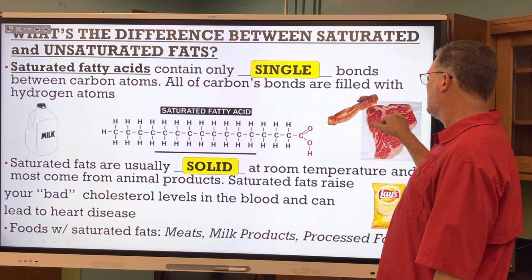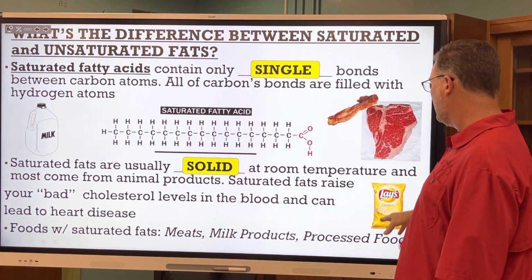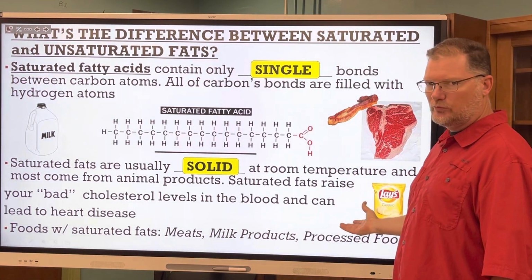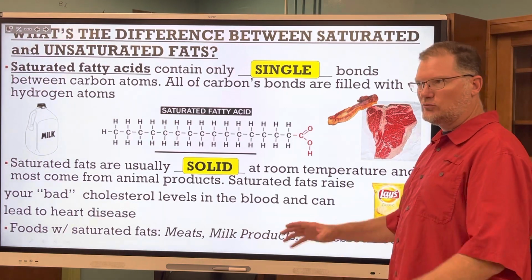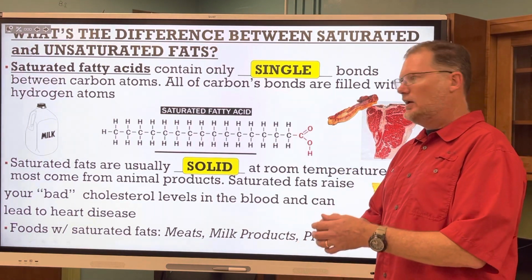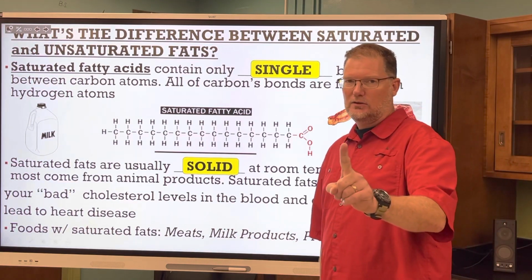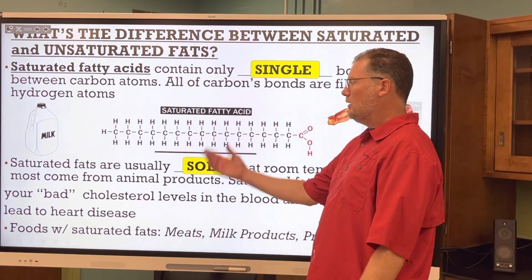So, fat you find in animal things, the oil in the fried chips of this kind, okay? And others, I'm being very general because it's not just Lay's Classic, it's all of them, all right? Unless they're baked. Baked doesn't have nearly as much fat in it.